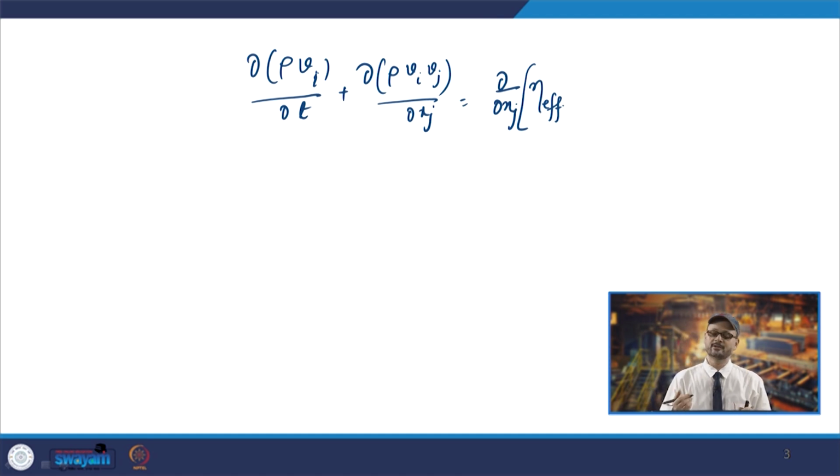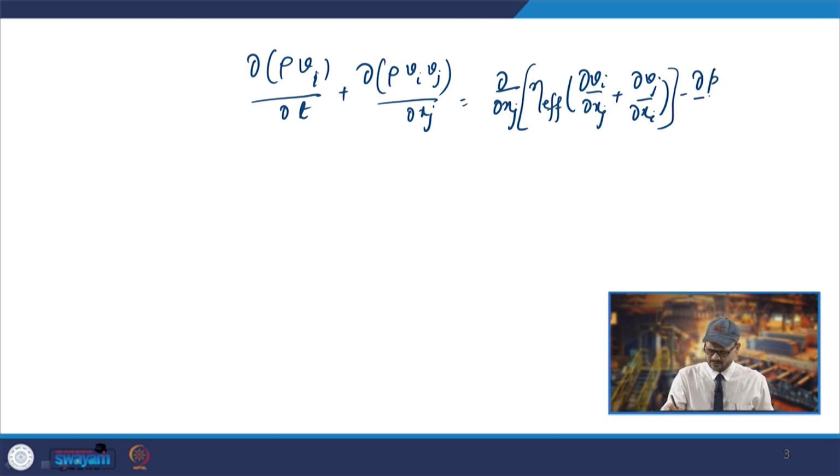flow, you get the effective value of the eta, and then you have ∂v_i/∂x_j plus ∂v_j/∂x_i, and then you get the pressure term, ∂p/∂x_i. And then an extra term which you get is because of the change in the density as the temperature will change.